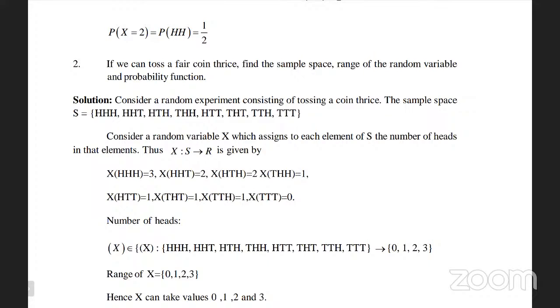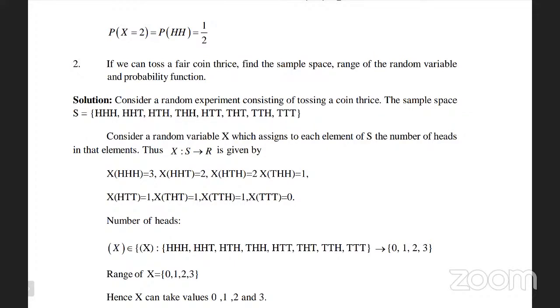So here I want the head. Getting a head is the probability I want. So here, what are the heads? HHH is 3. That is called a range number. HHT, how many H's do we have? 2 H's. HHT, HTH and THH each have 2.